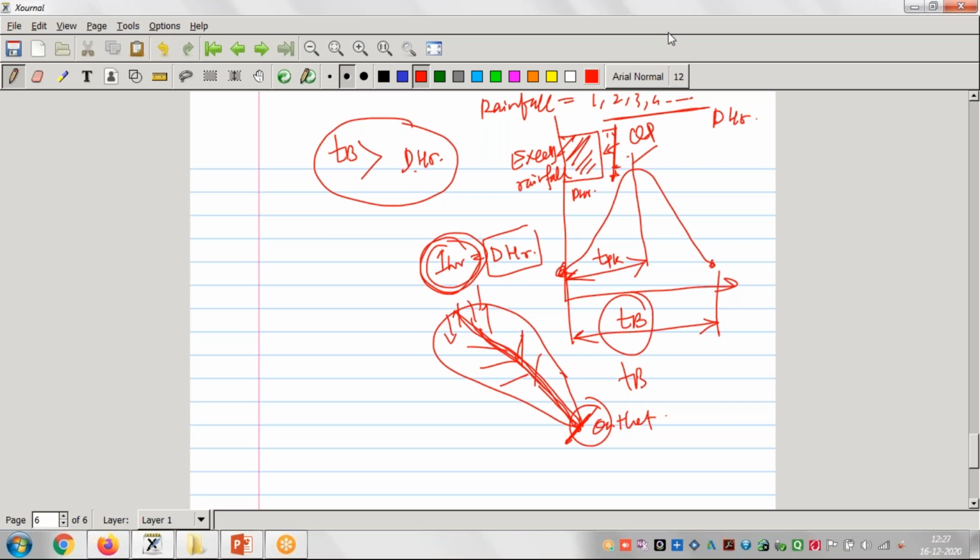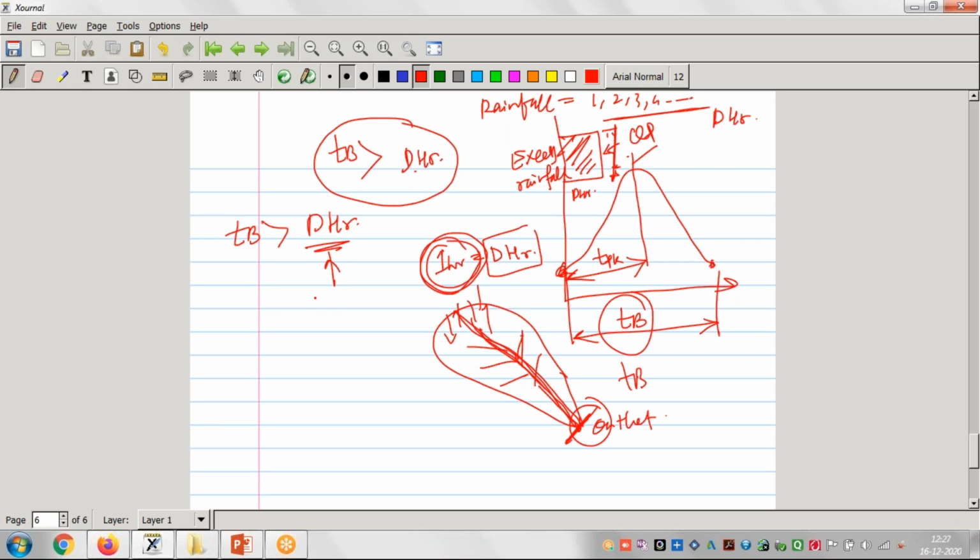This point is clear to you. Whatever the rainfall is, say it occurred for 1 hour. But after the rainfall, the whole water is collected over say 7 hours or 6 hours. That is the TB hour. So TB will always be more than our D hour.